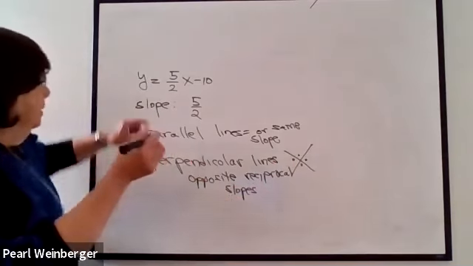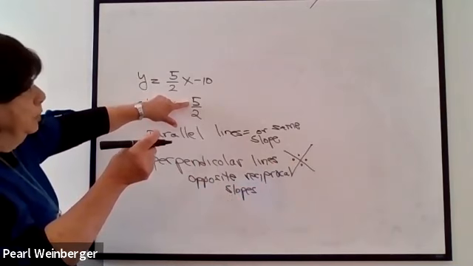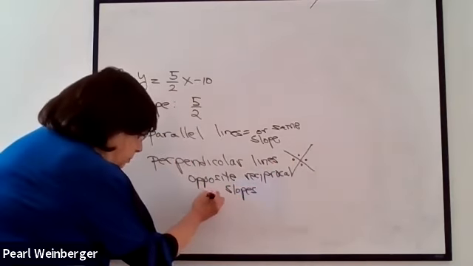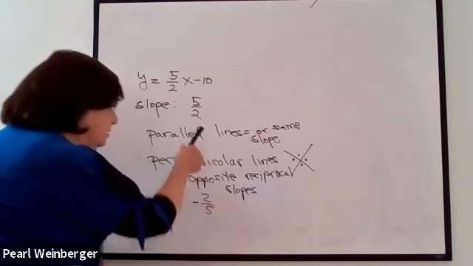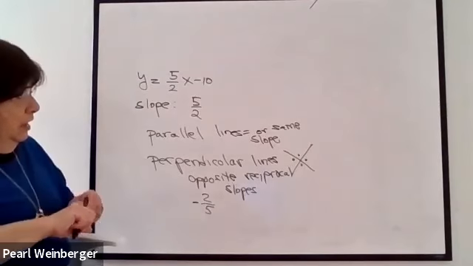Which means if my original slope is 5/2, a perpendicular line would have to have a slope that's the reciprocal, 2/5, with the opposite sign. Since this one is positive, it doesn't have any sign at all, which means it's positive.